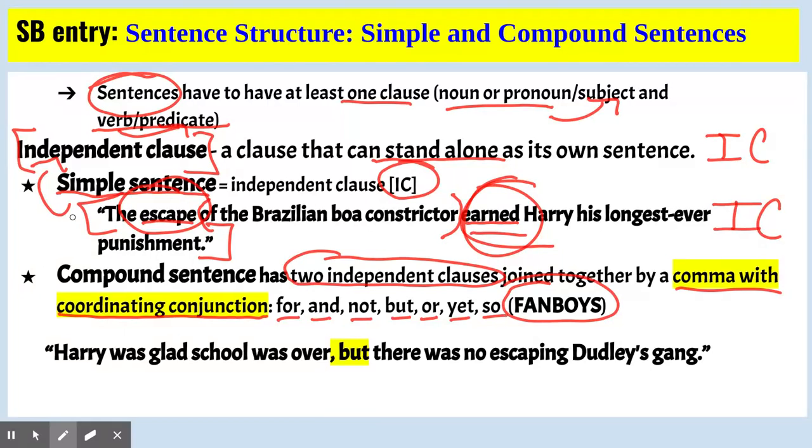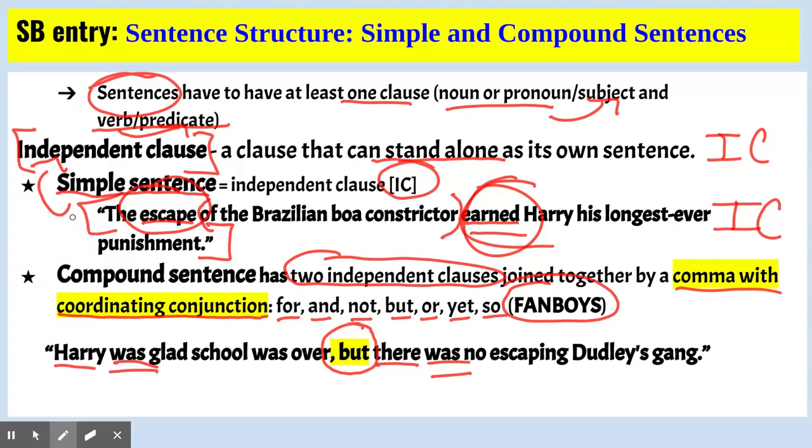I'm going to let you look at this two ways. The first way, we're just going to break this sentence down. My subject of the sentence is Harry. What did Harry do? Harry was glad school was over. So I also have there, which is a pronoun to place, and also was. I have my coordinating conjunction with a comma.